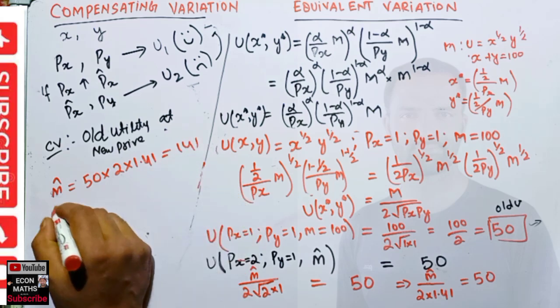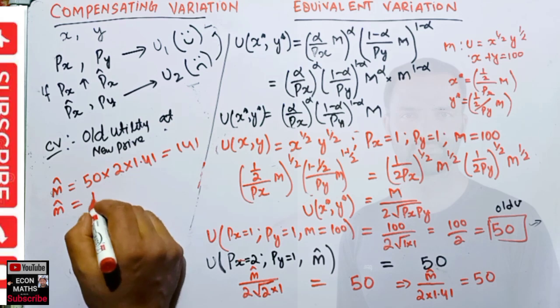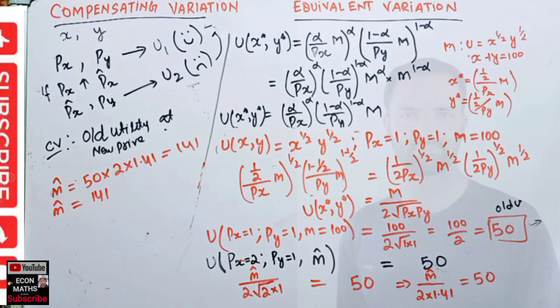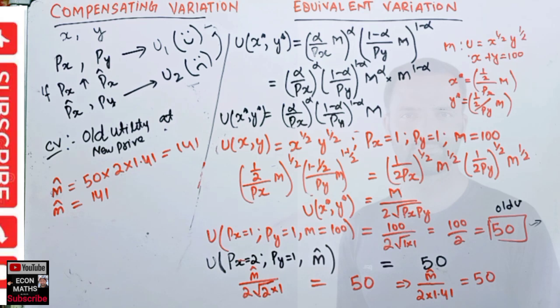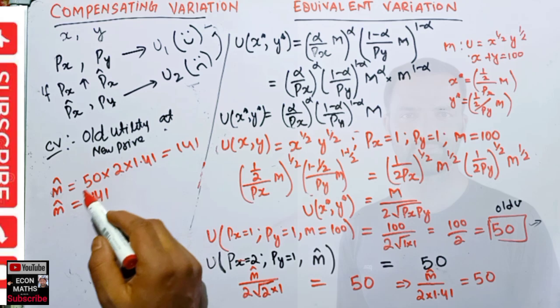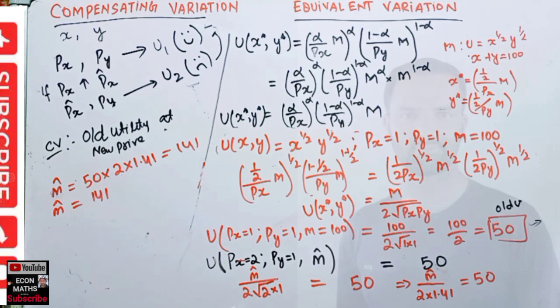That means the consumer needs 141 dollars to get the same level of utility that he was getting earlier. To get this old utility, consumer needs $141 to be as happy as he was earlier.